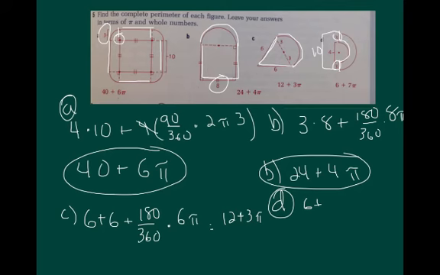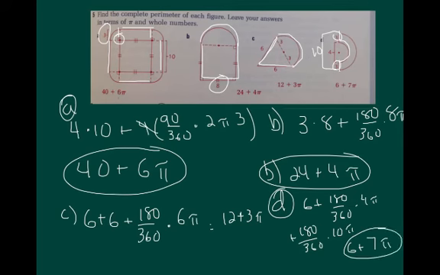So we'll have 6 plus 180 over 360 times 4 pi plus 180 over 360 times 10 pi. And that's going to give us our final answer of 6 plus 2 pi and 5 pi makes 7 pi. Sorry to squeeze it in there.